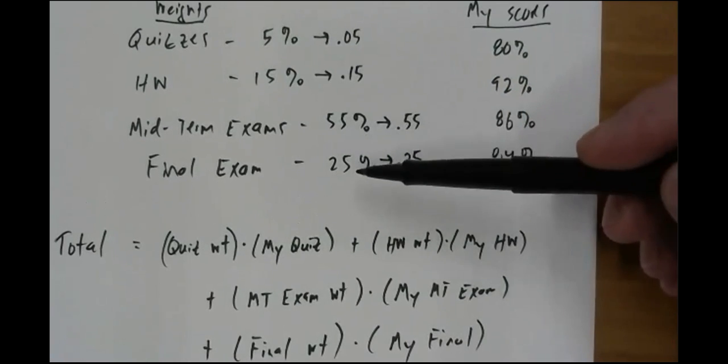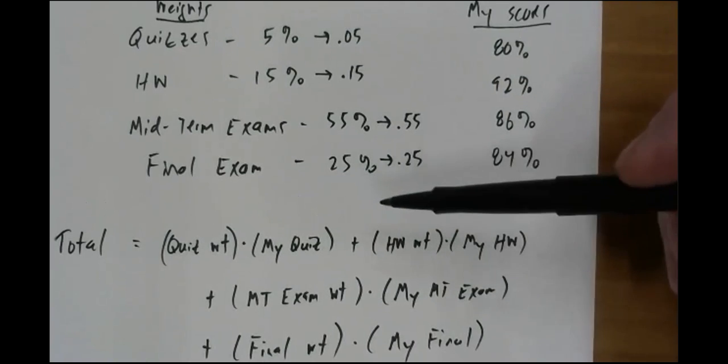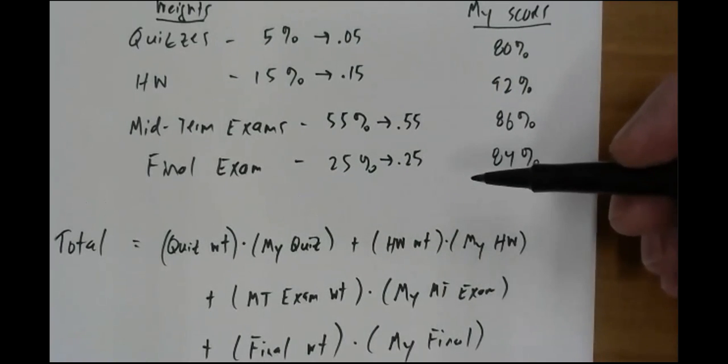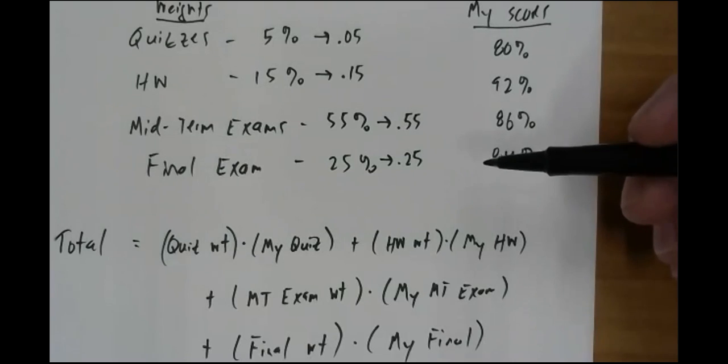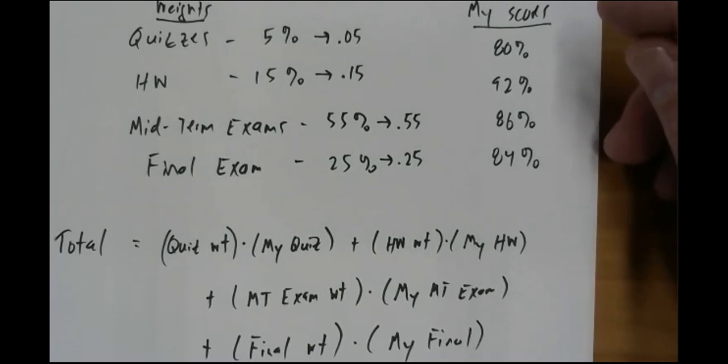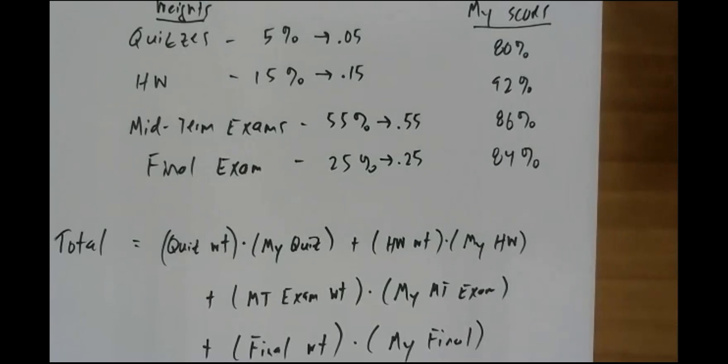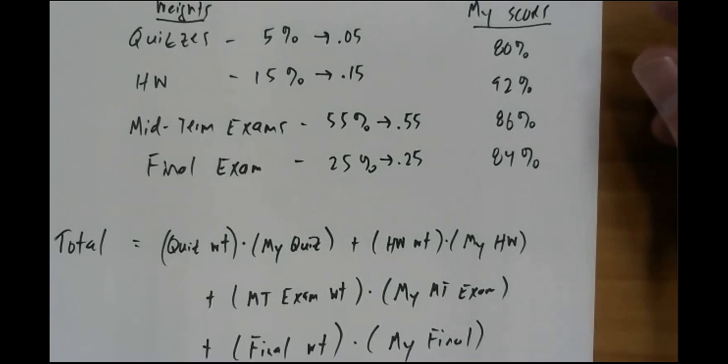The only thing you have left is the final exam. And oftentimes students will ask, what kind of score do I need to get on the final exam to get, say, a B in the class? Maybe that's their goal. Or maybe they just want to pass the class, so they say, what do I need to get on the final exam to get a C?